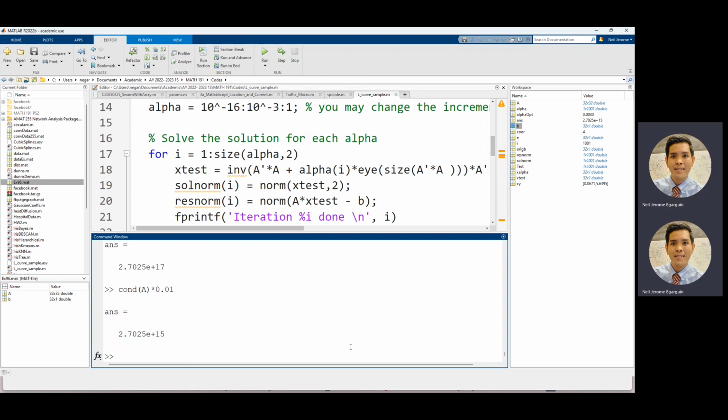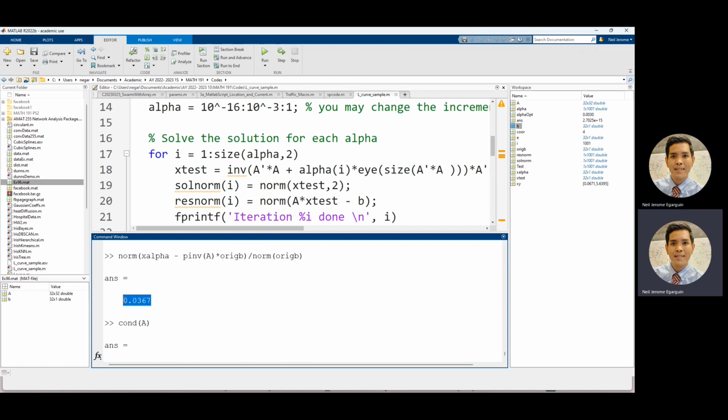In percentages, that's 10 to the 13%, which is very huge. Okay. Now look at the improvement that we got. Instead of 2.70 times 10 to the 15 as the relative difference, the relative difference now is simply 3.67%.